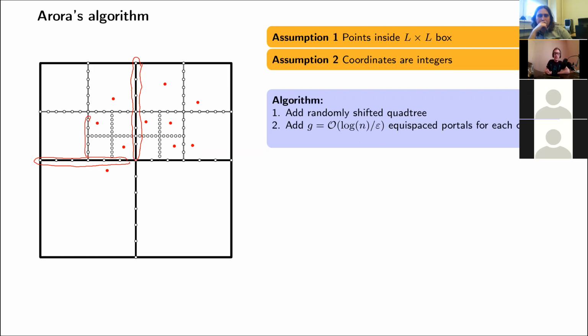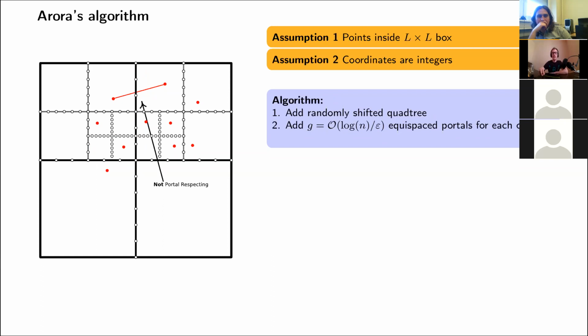So in here it will be log n portals, and in here there will be log n portals. So if you go down the quadtree, the number of portals that you are seeing is actually always the same, but the precision is increasing. Here you will have super low precision, but if you go down, these portals will be super close to each other. Okay, so this is a portal, just a point on an edge.